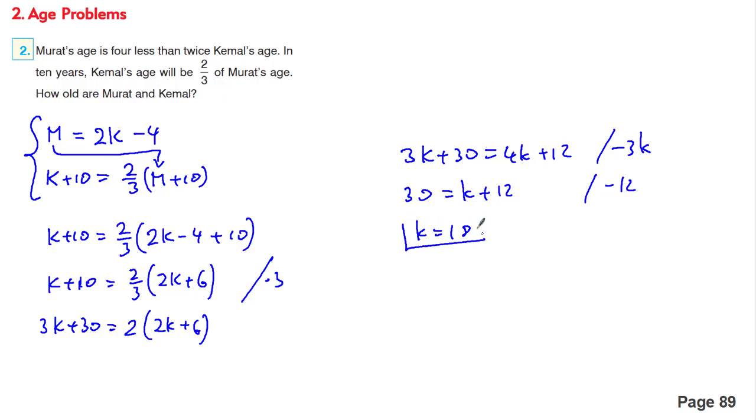So Kemal was 18 years old. If Kemal was 18 years old, then Murat was 2 times 18 minus 4 by substituting here. That leaves us with 36 minus 4, 32 years old.